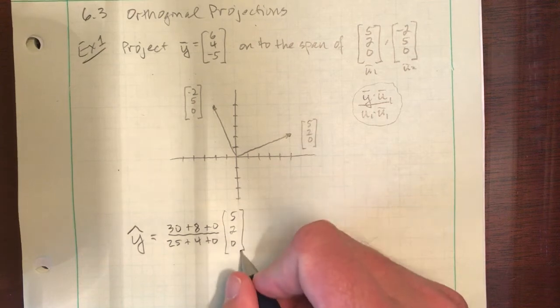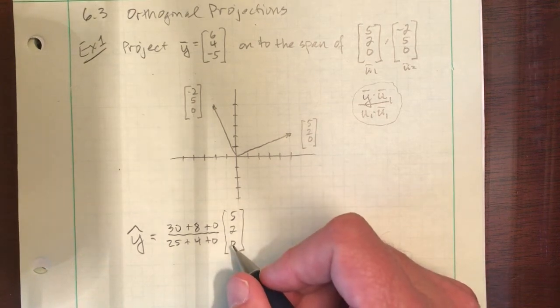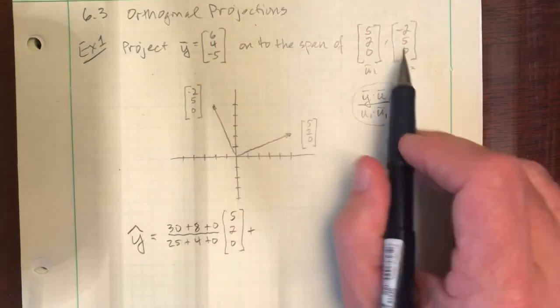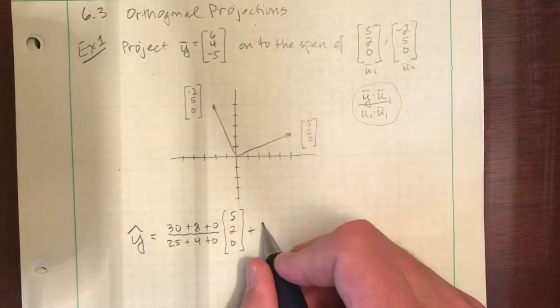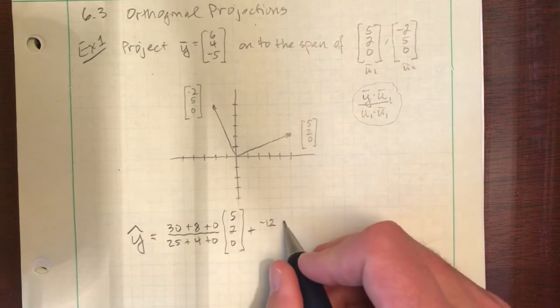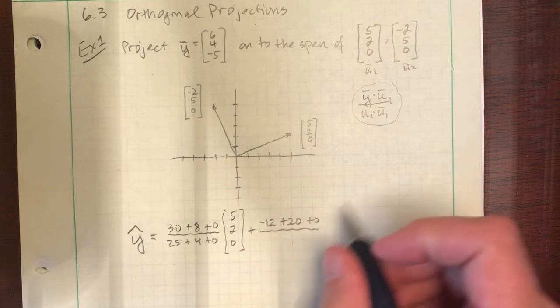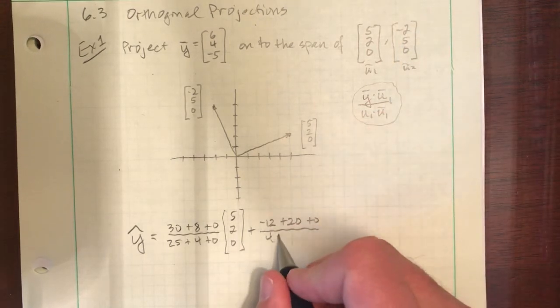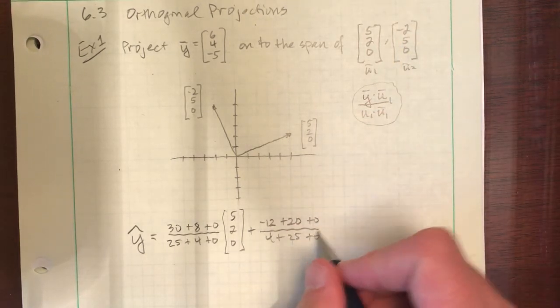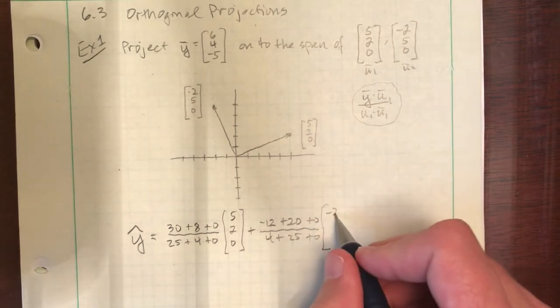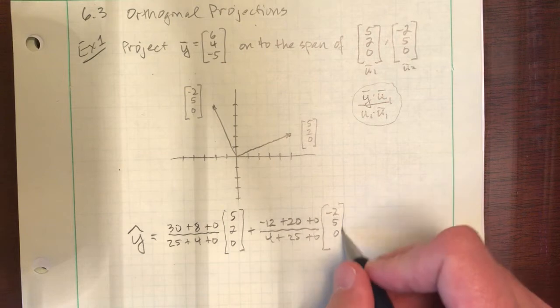And then we do that one more time. So we've got y dotted with u2: negative 12 plus 20 plus 0 over 4 plus 25 plus 0. And again, that's the scalar in front of this vector.